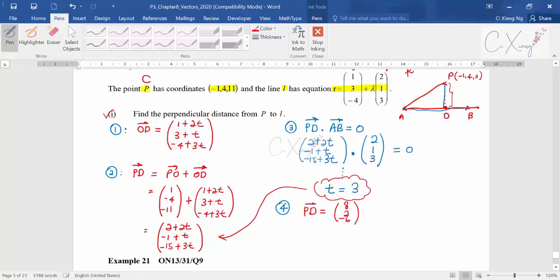This is the vector PD, and if you want to know the length or magnitude, you need to find the modulus. So you have 8 square plus 2 square plus negative 6 square. Eventually, I believe you should get square root 104.